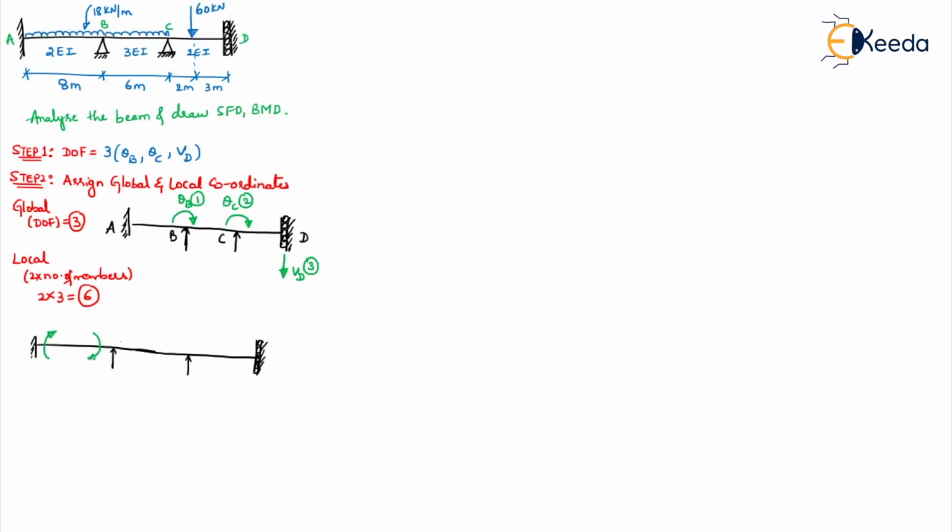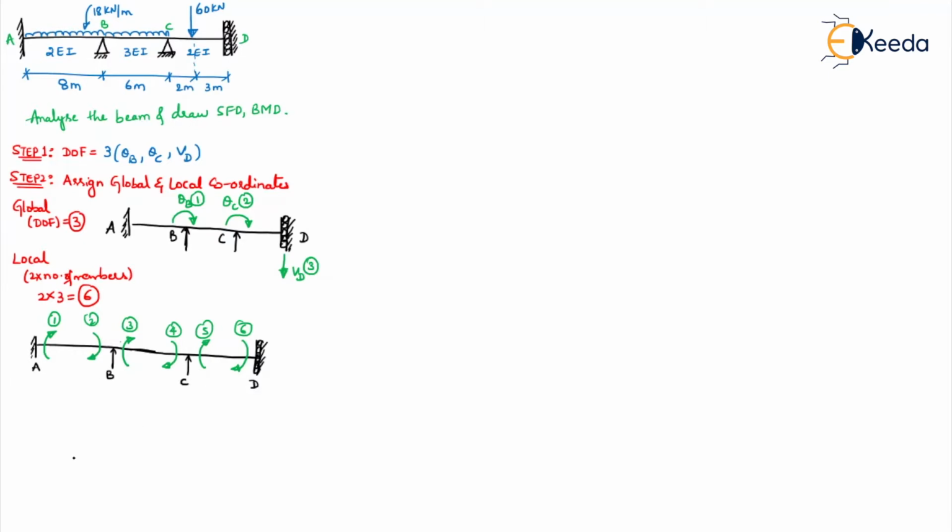Like this, here also this and this, here also this and this. Every member will have 2. So 1, 2, 3, 4, 5 and 6. There will be a total of 6 local coordinates. So let's take it as A, B, C and D.